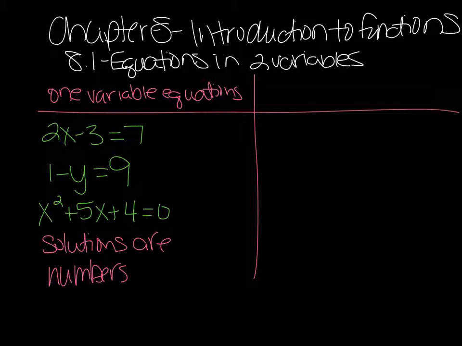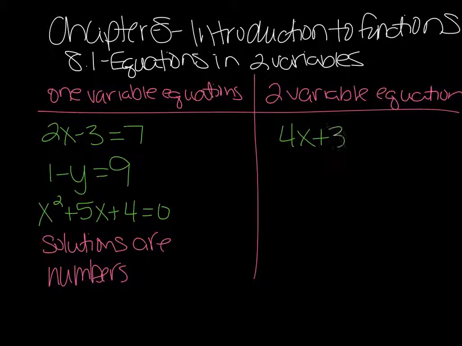Which you're probably thinking, well, duh, what else could it be? We're talking about math here. Of course it's going to be a number. But the difference when we look at these 2 variable equations is going to be slightly different. So 2 variable equations, on the other hand, are going to look like 4x plus 3y equals 10.